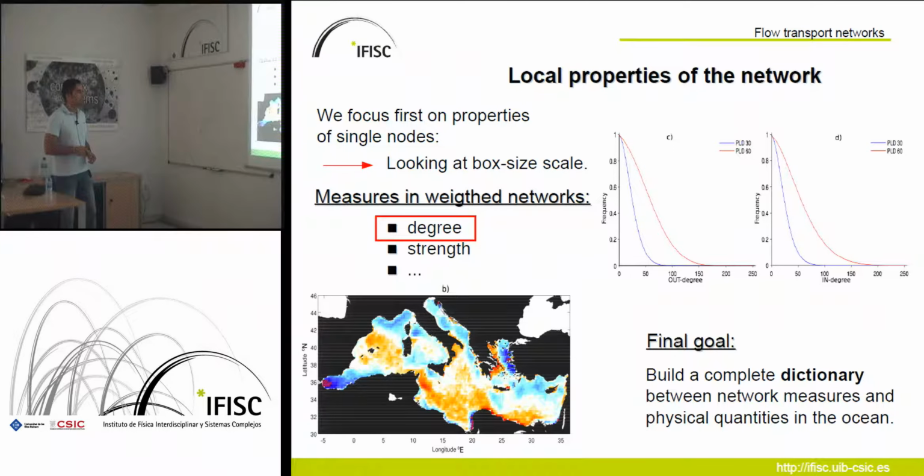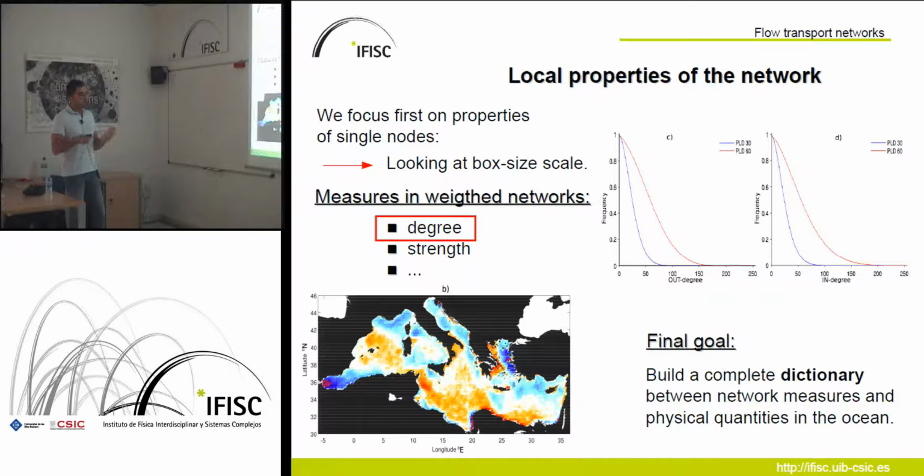The degree, for example, in our case, the network is weighted, so we will have the out degree of one node, that will be the number of outgoing links from the node that we are looking at, and the in degree, so the number of ingoing links.